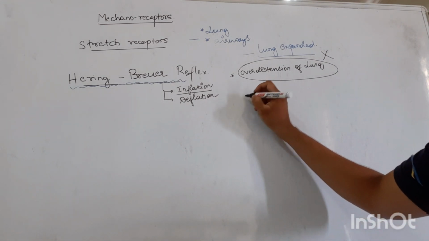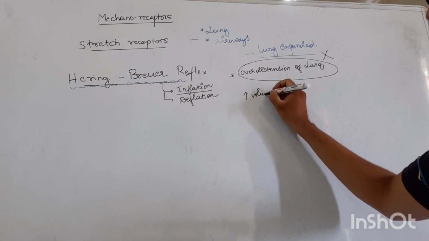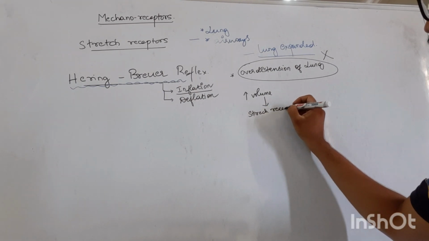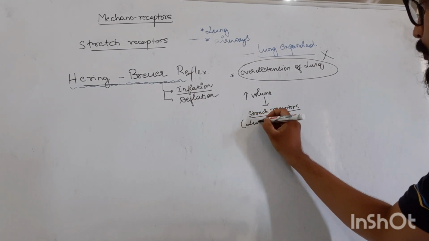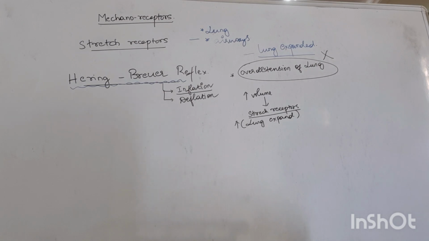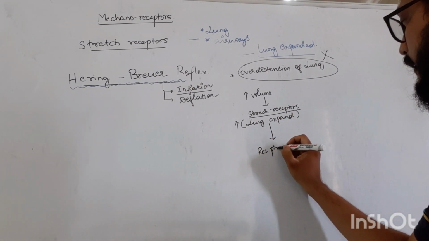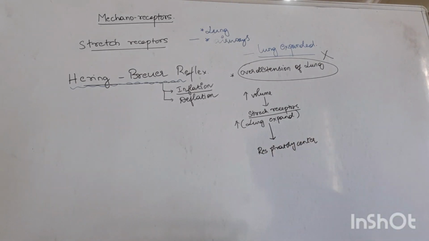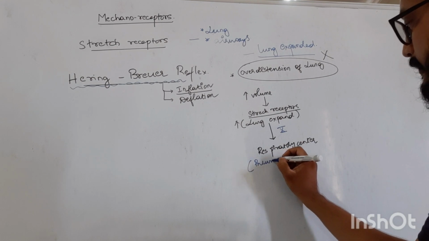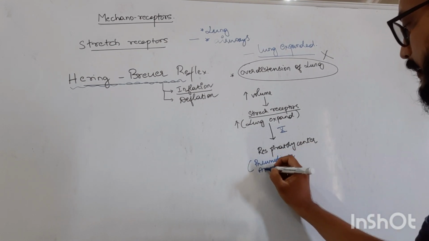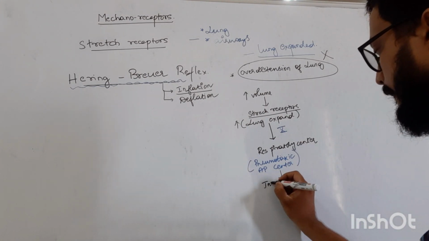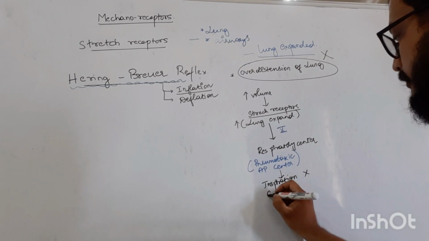Whenever there is increased volume of air being taken inside, that is, whenever the lung expands more, it is detected by the stretch receptors, and they send the signal to the respiratory centers via the cranial nerve 10, the vagus, especially towards the pneumotaxic center and apneustic center, so that inspiration is inhibited and expiration starts.